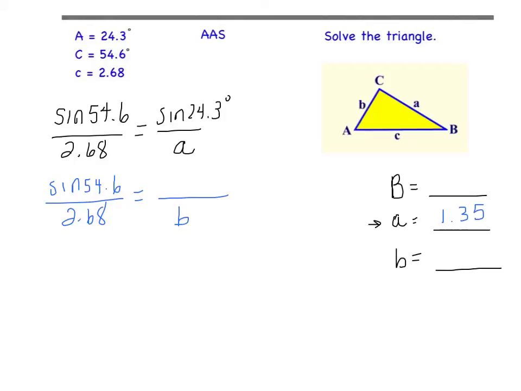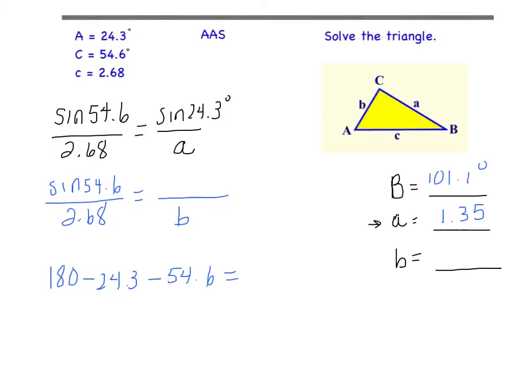I know that the three angles of a triangle add up to 180 degrees. So on my calculator, I'm going to do 180 minus 24.3 minus 54.6, and I'm going to write the angle for angle B, and I got 101.1 degrees. And be sure and put the degrees on there.